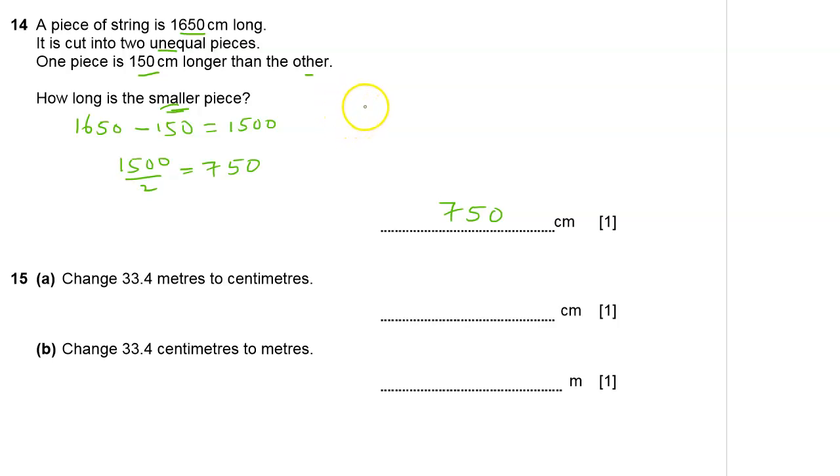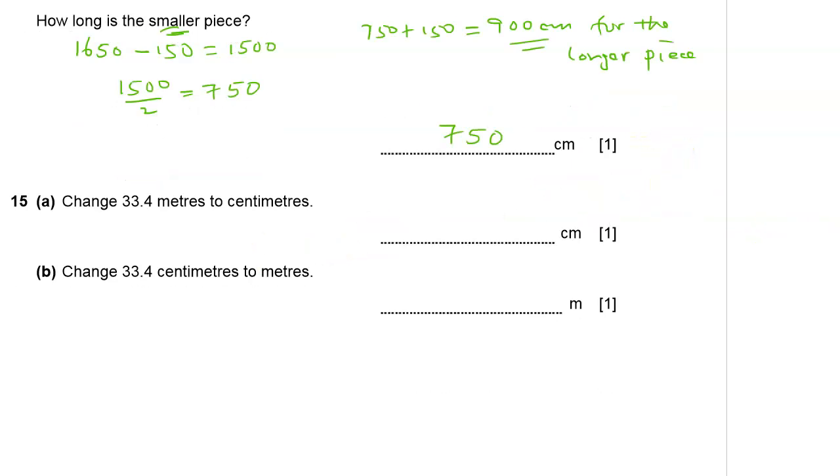The longest piece will be 750 plus 150, because it is 150 longer than the other, and this should give us 900 centimeters for the longer piece. Of course, that is not required, but in case a question comes in the future, you need to know what to do.